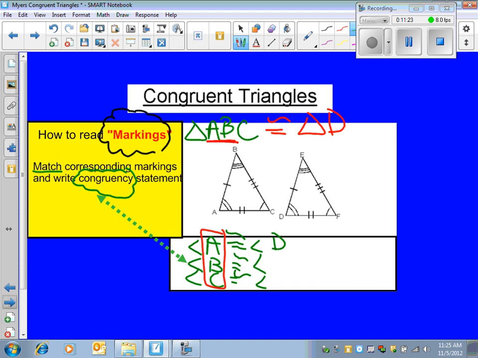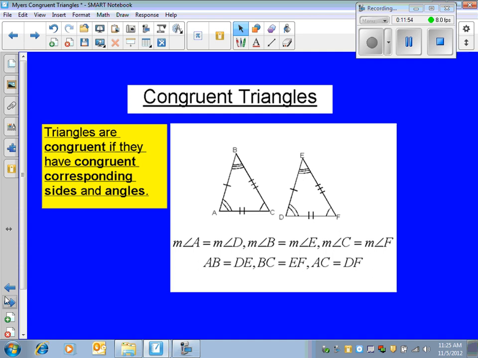A goes with D, B goes with E, and C goes with F. So that's D, E, F. So what can we conclude in this? Triangle ABC is congruent to triangle DEF. I should be able to slide them right over each other and see one figure when they are actually congruent.